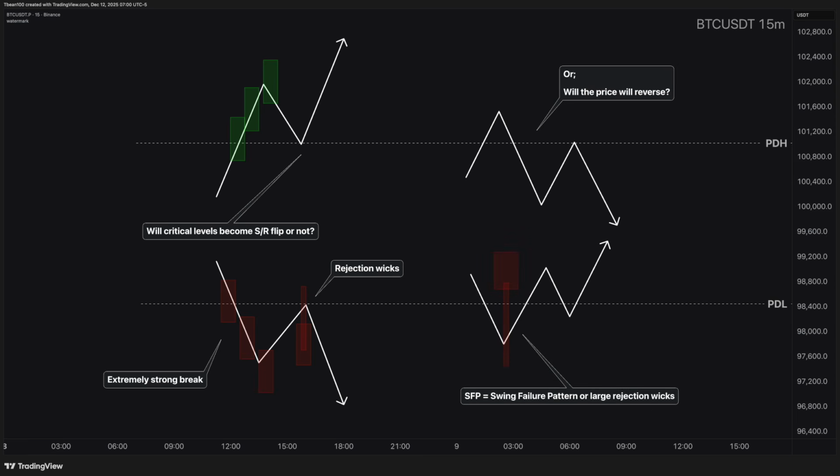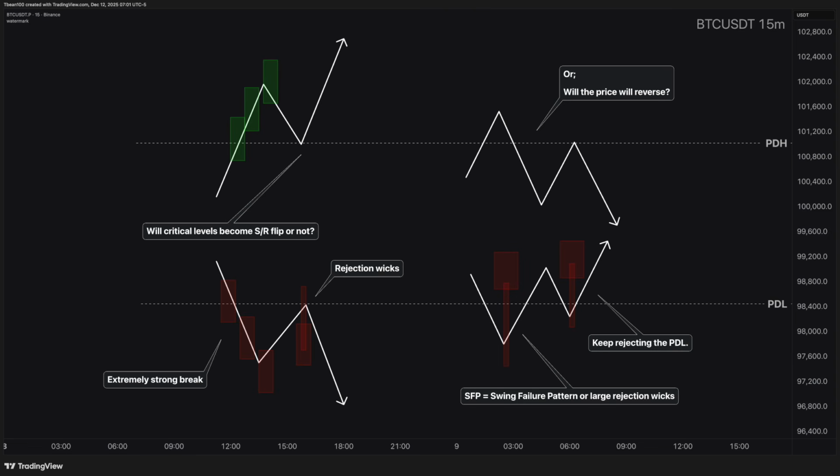However, if these price levels are broken and price immediately comes back with large wicks or swing failure patterns, that tells a different story. Once the price moves back inside the range again and keeps rejecting the same levels, there's a much higher chance of a reversal now.